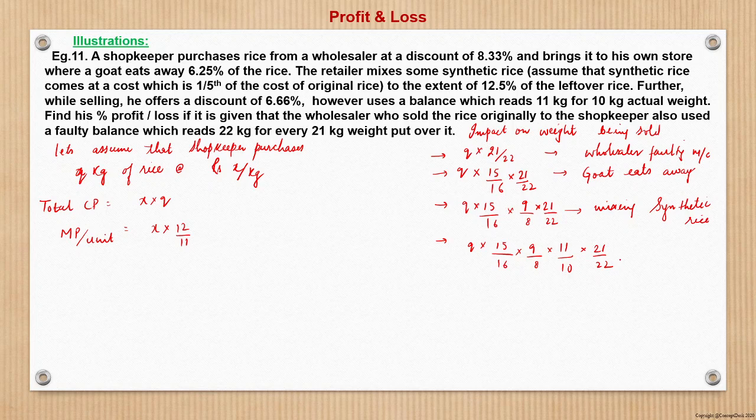So this is the net quantity being sold, the faulty machine of the shopkeeper. This is the net quantity being sold. At what price it is being sold? So that impact we will see separately.